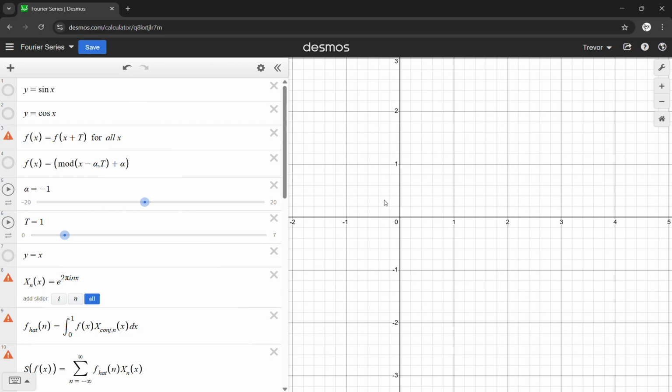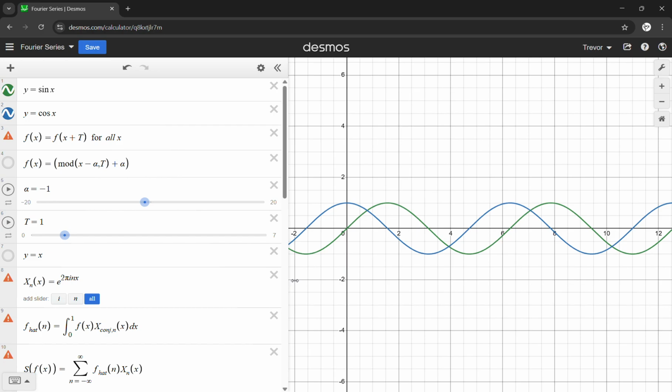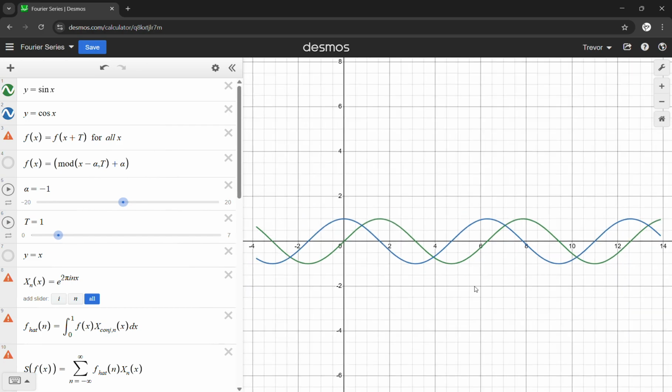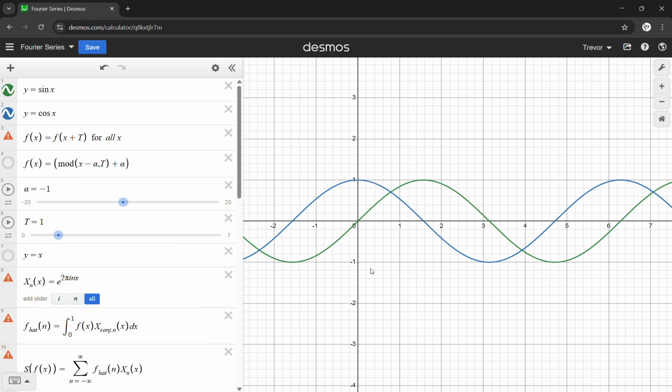But before we talk about Fourier series, we have to talk about periodic functions. So what the heck is a periodic function? The two most classic examples of periodic functions are, of course, sine and cosine. These are just waves. Everybody knows them, everybody loves them, and the reason they're periodic is because they repeat over and over.